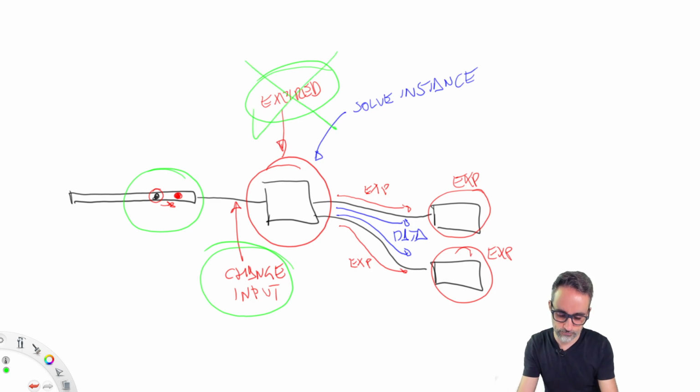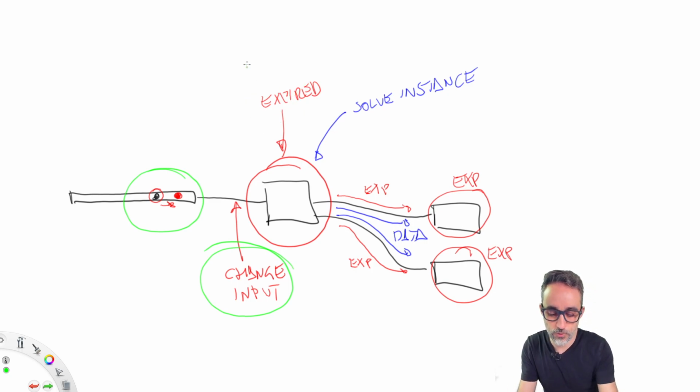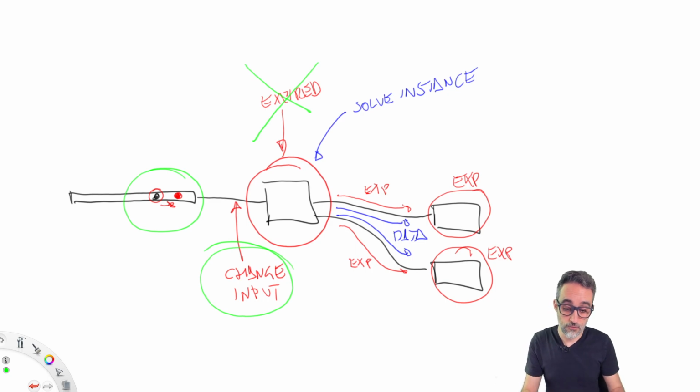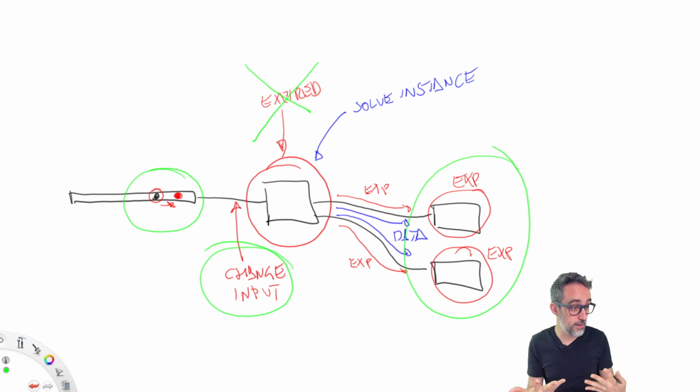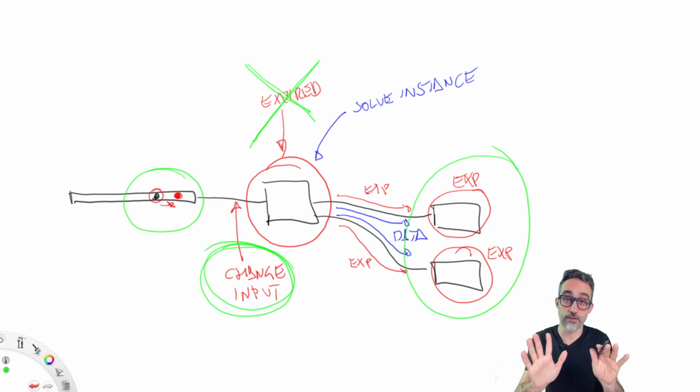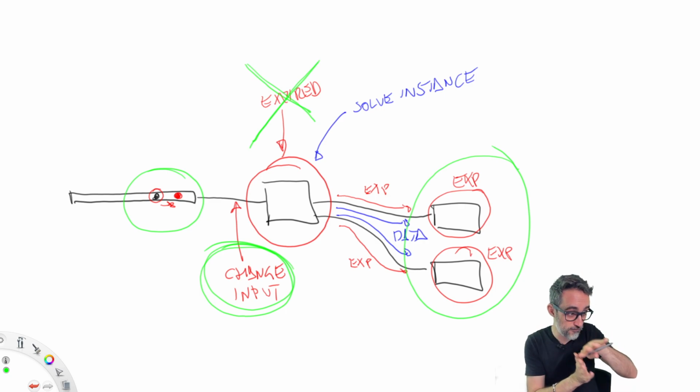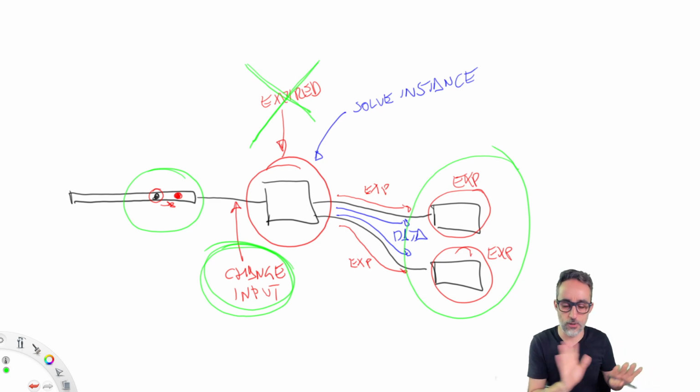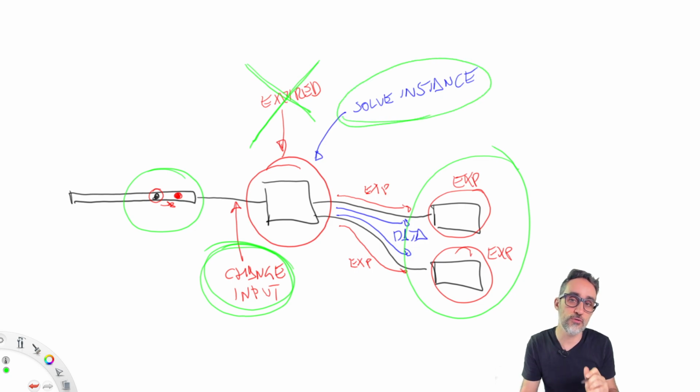We don't want to do that because we don't want the rest of the components downstream to be also expired and waiting for this solution that is going to take some time to execute. So we're going to detect the change of the input and we're going to prevent this component from expiring. This component is not going to flag anything downstream as obsolete, as needing more calculation.